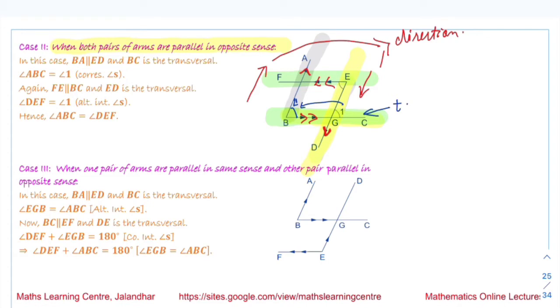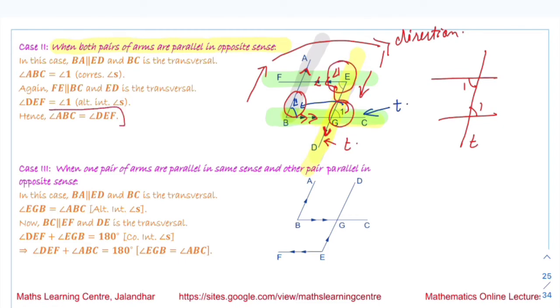So for this transversal, there are two parallel lines and this is the transversal. If this angle is 1, we will have this angle is 1. So both these angles are equal to angle 1. So this angle and this angle are all equal, and finally we get that both these angles are equal.